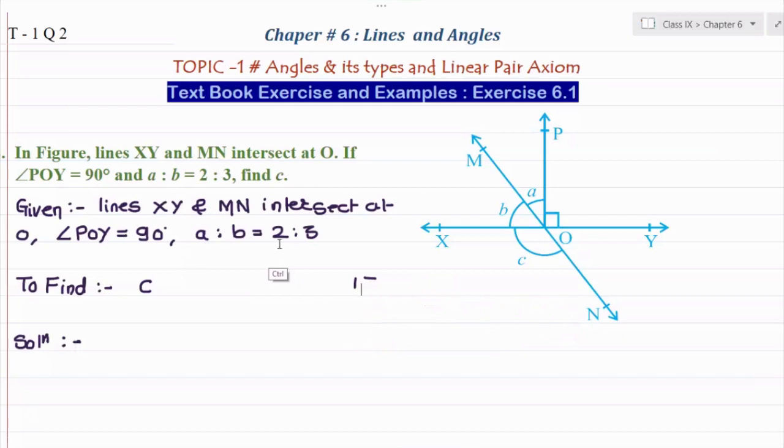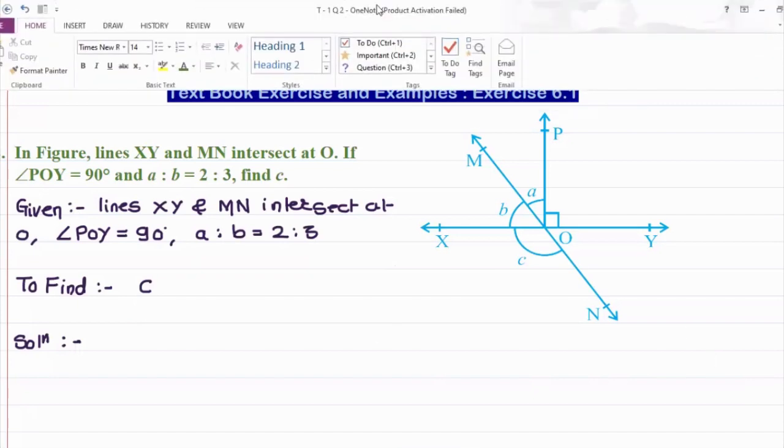So first I am taking the values of A and B over here.